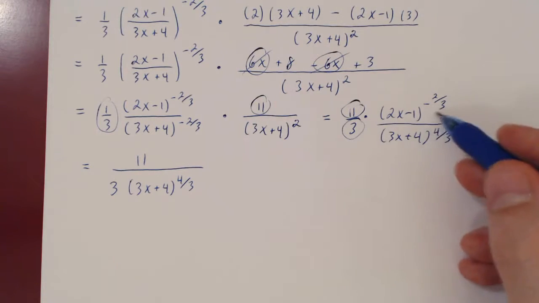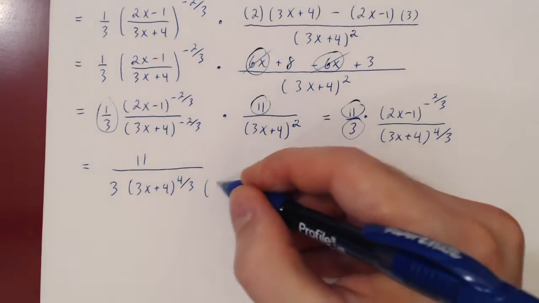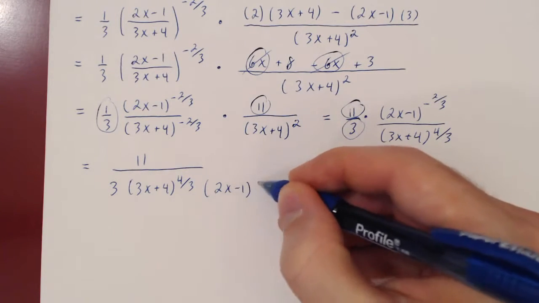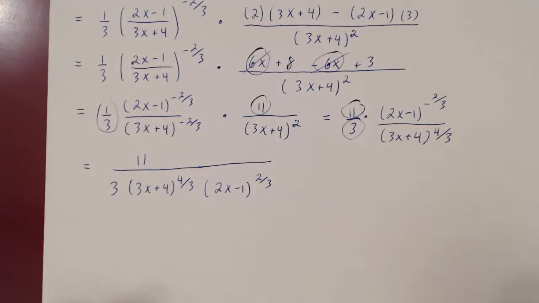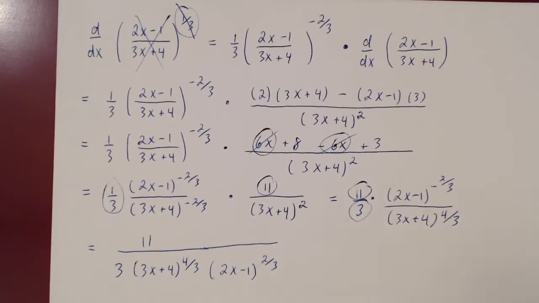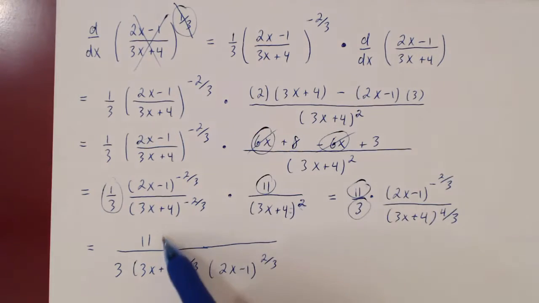And if we send this term down, the negative 2/3 becomes a positive 2/3. So (2x minus 1) to the positive 2 over 3. And that's our derivative. So the derivative of the cube root of (2x minus 1 over 3x plus 4) is 11 over 3, (3x plus 4) to the 4/3, (2x minus 1) to the 2/3. And there you have it.